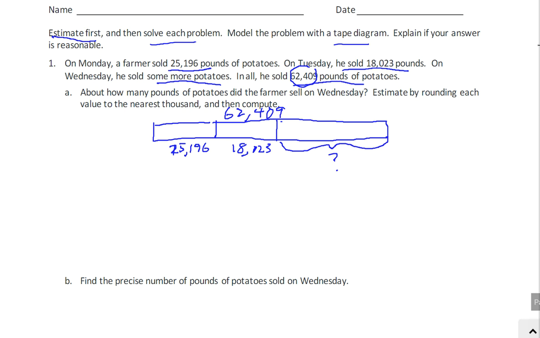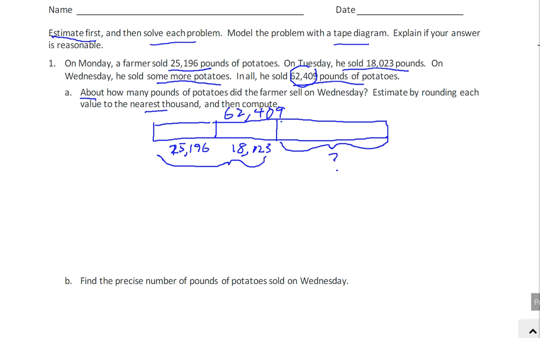Now, it says in this first one, it says about. So now we're talking about rounding again, and we'll round to the nearest thousand. Let's do some quick math here. The first thing I need to do is figure out this total here before I can do my subtraction.